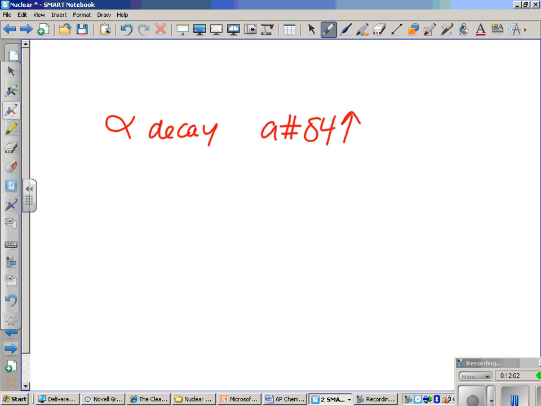Now, if it's lighter than 84, so 83 or lower, then the way you decide is this. You have to look at the isotope that you are specifically looking at. So I have 2 examples down on your paper of carbon-14 and carbon-10. If you look on the periodic table, the average atomic mass for carbon is 12.